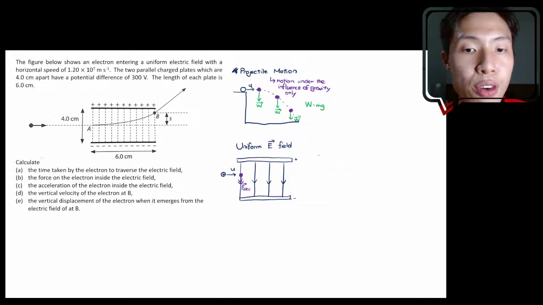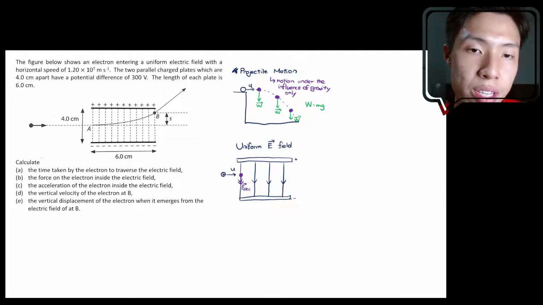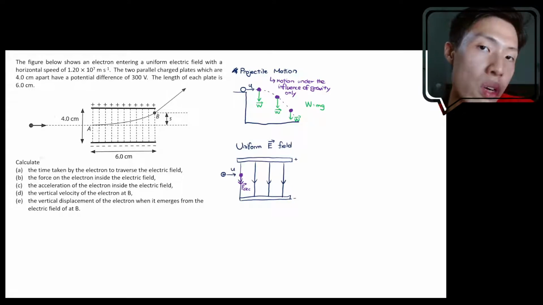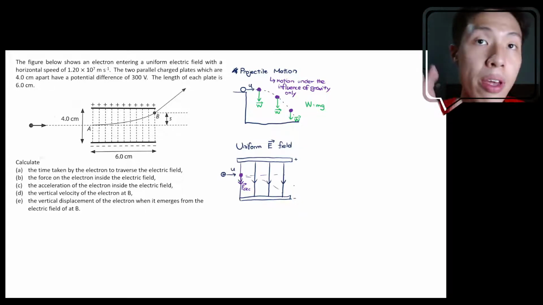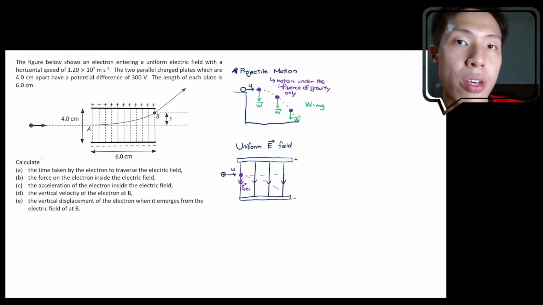So if you're experiencing an electric force pointing downwards, throughout the whole motion over here, no matter how you travel, as long as you are in the region, the force that you experience should have a constant magnitude and a constant direction, because it's a uniform electric field.